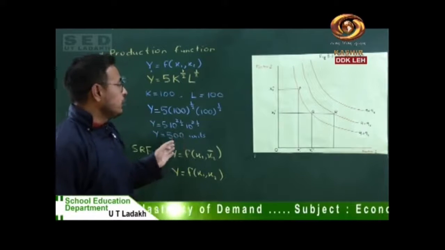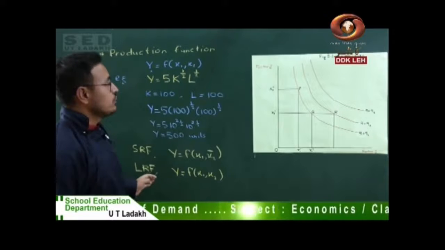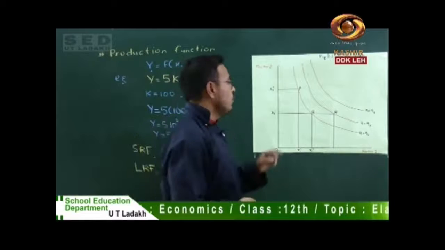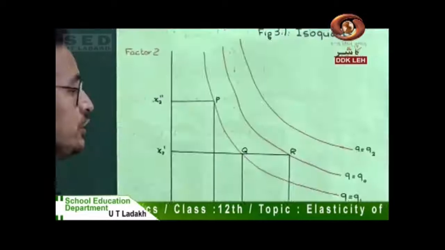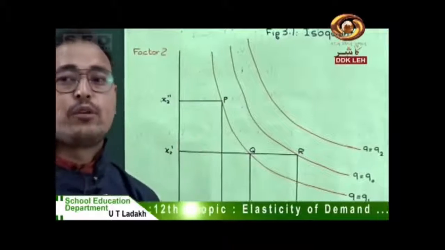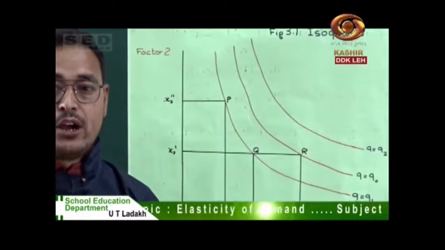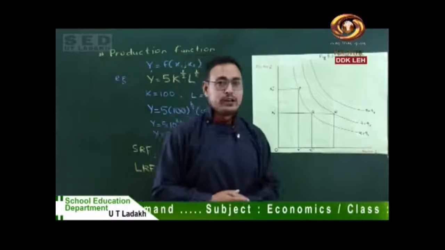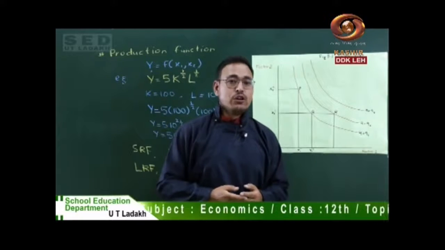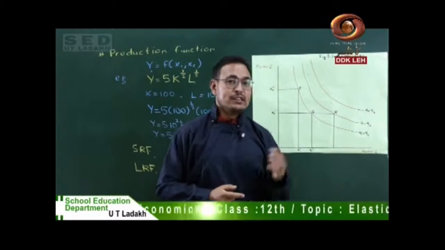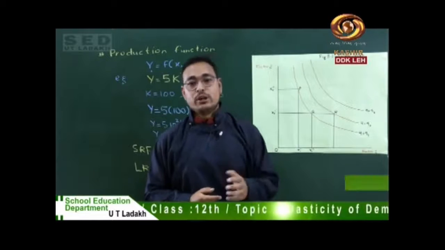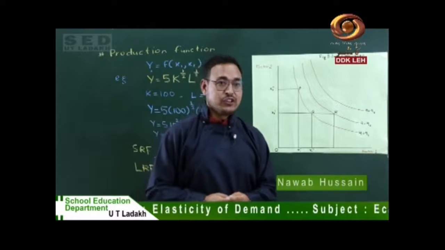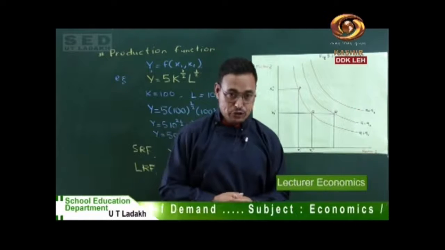Now the second concept related to production function is isoquants. Again, in your chapter one, you have studied a concept called indifference curve, which is very much similar to this concept of isoquant. As a recap, we know that an indifference curve is the set of all possible consumption bundles that give the same level of satisfaction or utility to a consumer.